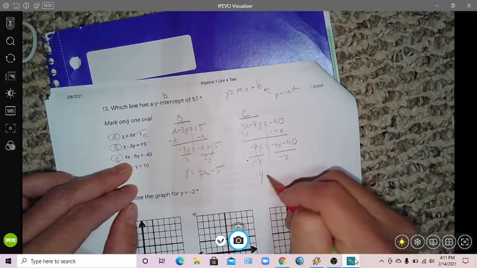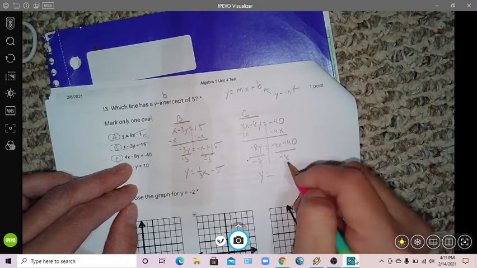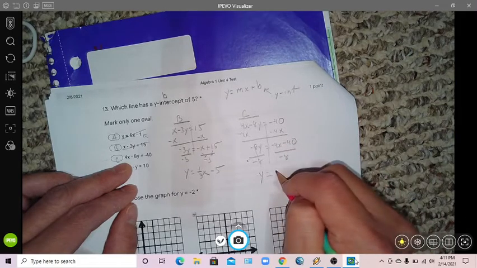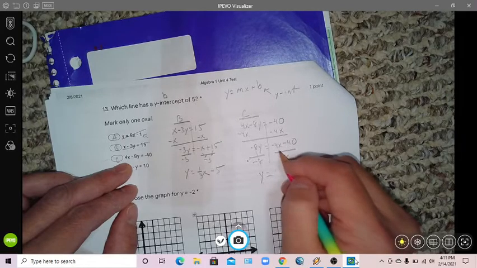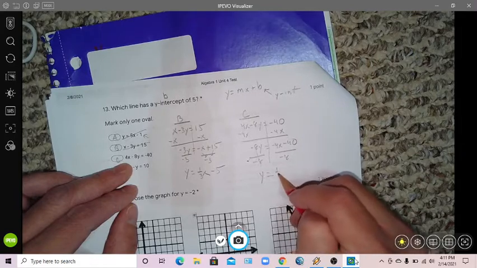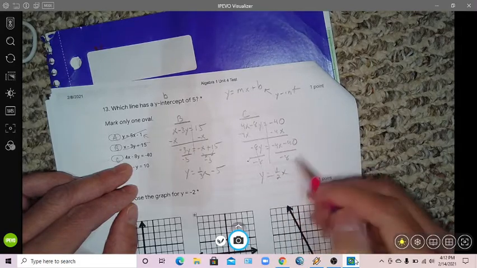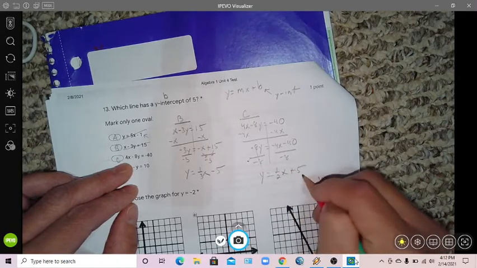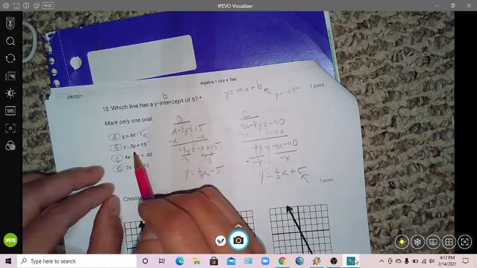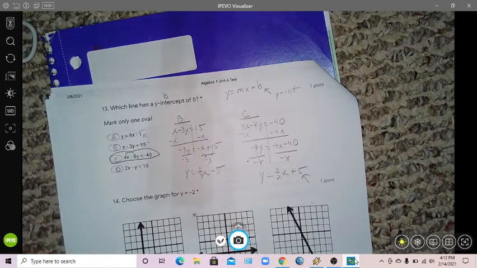Alright, so y equals -4 divided by -8. That's -1/2, or it's a +1/2, right? -4 divided by -8, 4/8. So it's 1/2 x. And -40 divided by -8, hey, there's your +5. There's your y-intercept. It's +5. Okay, so the third option is what you want, option C.